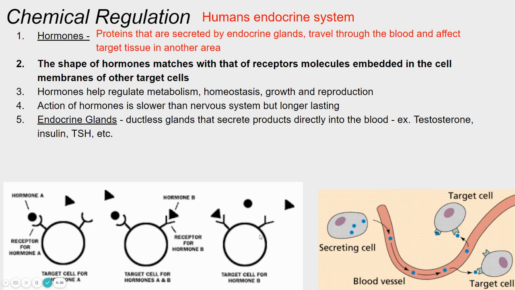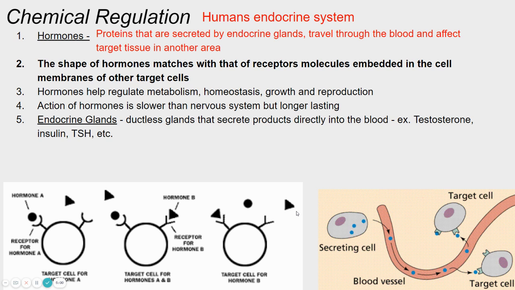And this cell will be affected by both of them, and this cell will only be affected by hormone B. So that's why these hormones can be specific, because they only affect cells that have the proper receptor molecules.